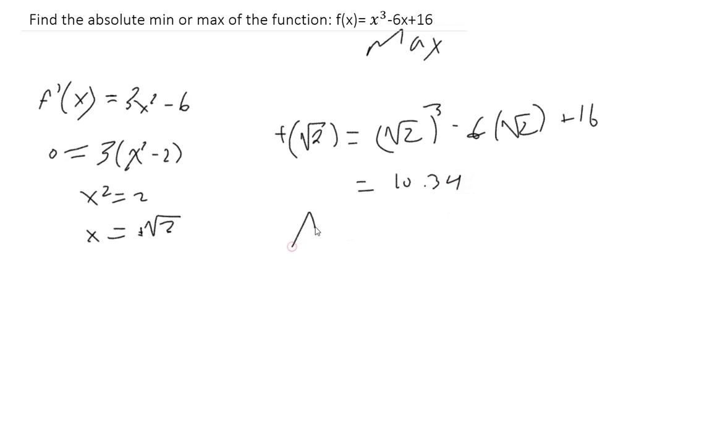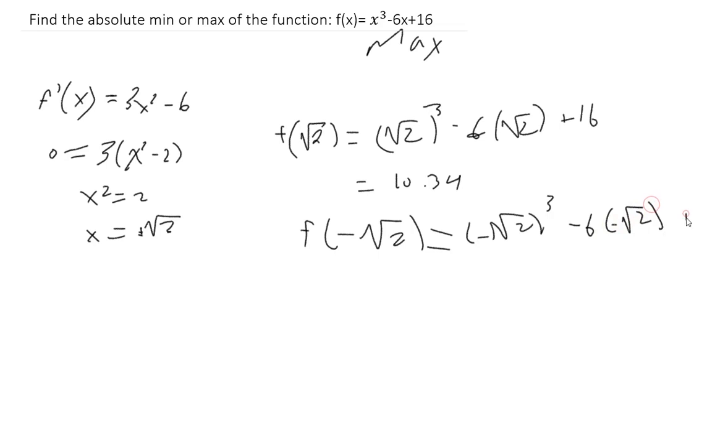Now let's go to f of negative square root 2. And our answer should be different because we're cubing a negative. Negative root 2 cubed, minus 6 times negative root 2, plus 16.